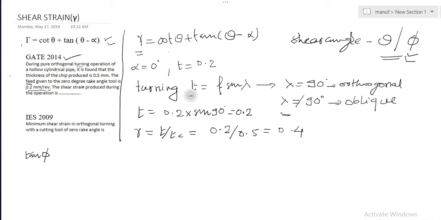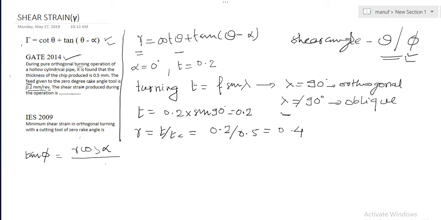So we will get this theta angle through this formula that we have already derived, r cos alpha upon 1 minus r sin alpha.